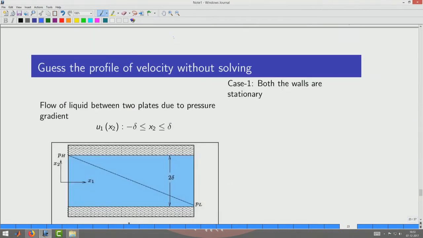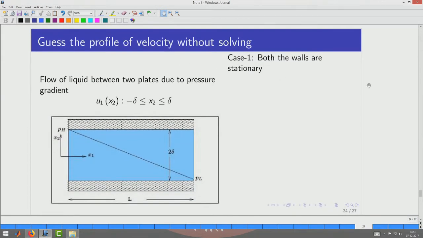Okay, so, let us practice a simple problem without having to solve it. What I want you to think of is to look at the problem and see how simple the solution can be. Here we have a flow of liquid between two plates, and it is happening only due to a constant pressure gradient, and there is nothing else happening.